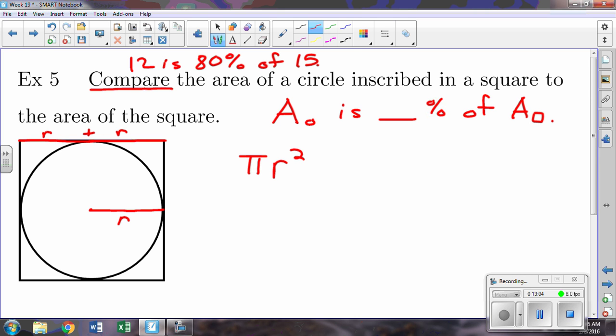Thus, when we have 2 radius for the side and 2 radius for the side, what is the area? 2r times 2r, which is 4r squared. And so we're trying to compare these two things.